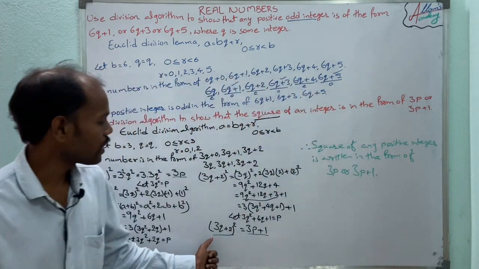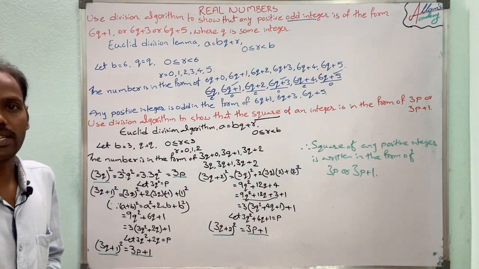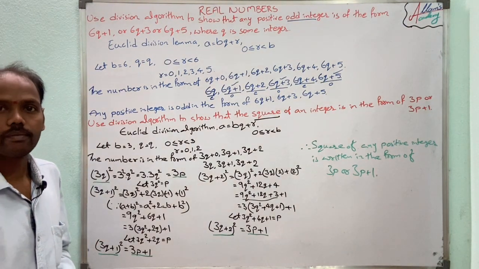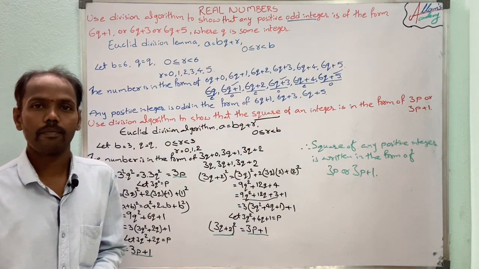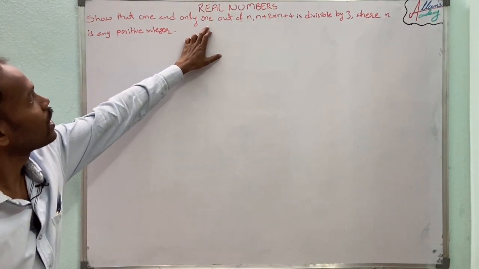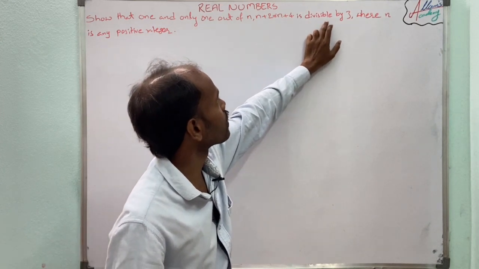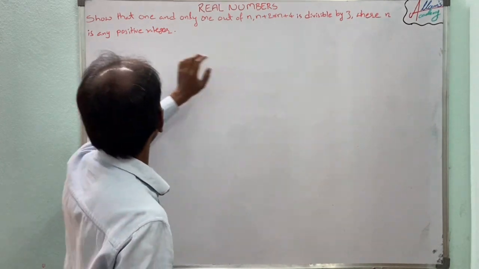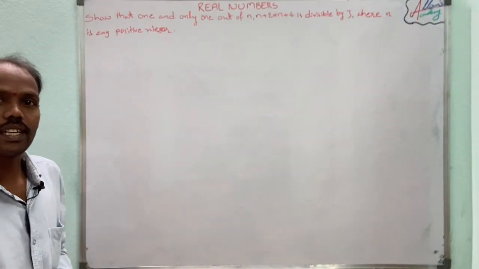Okay. Now we see another problem. Here the problem is: show that one and only one out of n, n plus 2 or n plus 4 is divisible by 3, where n is a positive integer.